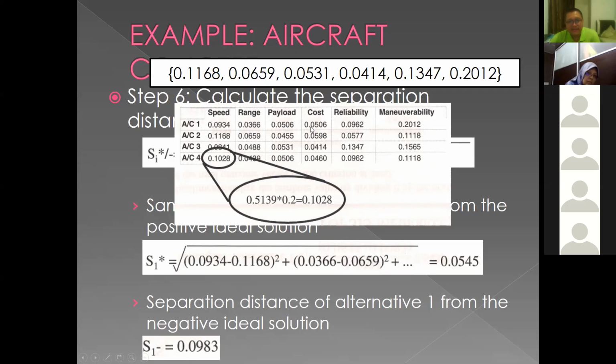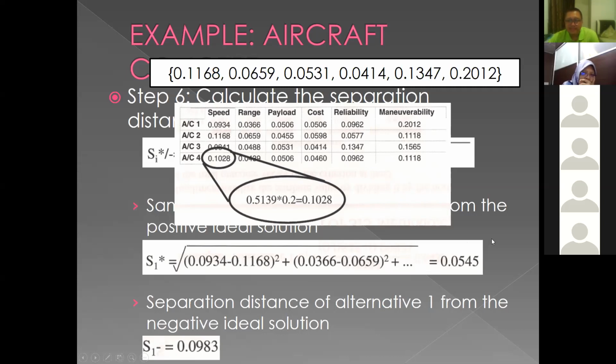And then 0.0506 minus 0.0414 square, and then plus 0.0962 minus 0.1347 square, plus 0.2012 minus 0.2012 square. Okay, then finally, please remember that you need to do square root. Then this is your result.